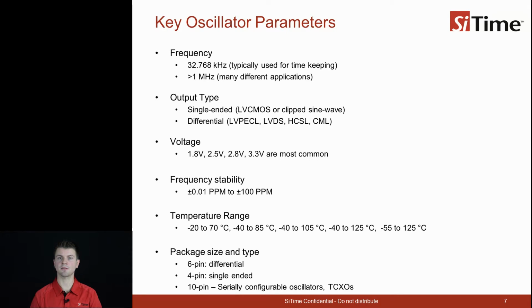Frequency stability is the fourth most important parameter for oscillators, and it specifies the maximum deviation from the nominal frequency in units of parts per million or parts per billion. For many applications, the governing standard specifies the total frequency stability. As was previously mentioned, most forms of Ethernet have a maximum deviation of plus or minus 100 parts per million from the nominal frequency.